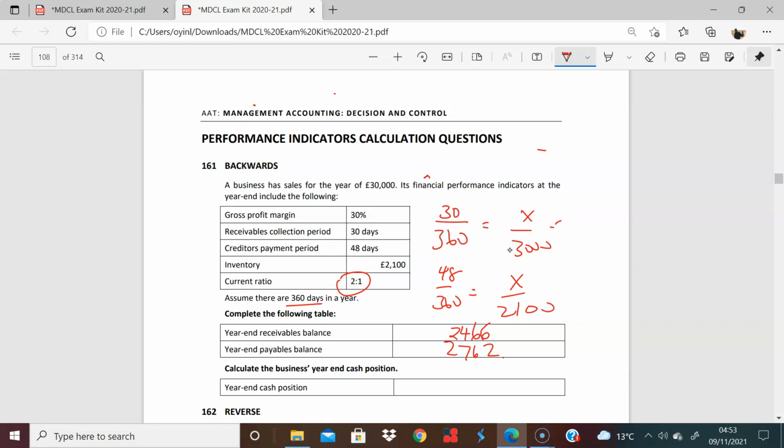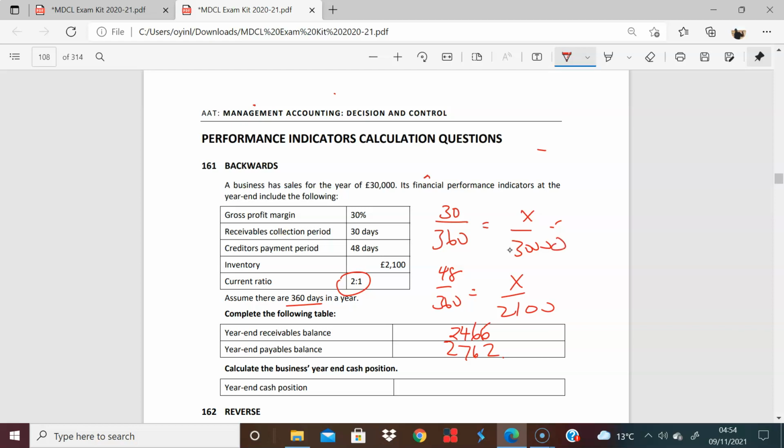So 30 divided by 360 times 3000 is 250. Sorry, my revenue is 30,000, not 3,000.